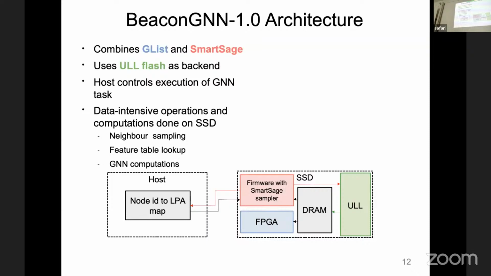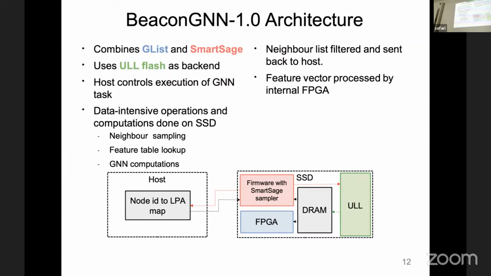So the neighbor sampling, the feature table lookup, and the computations itself are done inside the SSD, and the host only has to fetch the results. The neighbor list, again, is filtered by SmartStage, and glist is there to basically enable the in-storage computations. Though it still does not solve the challenges we mentioned previously.